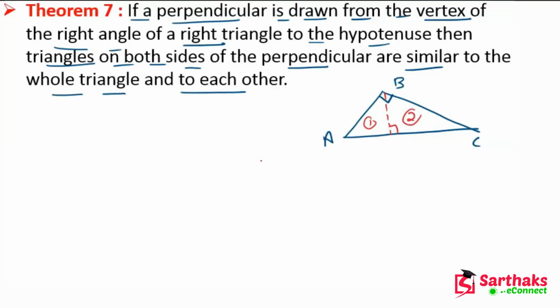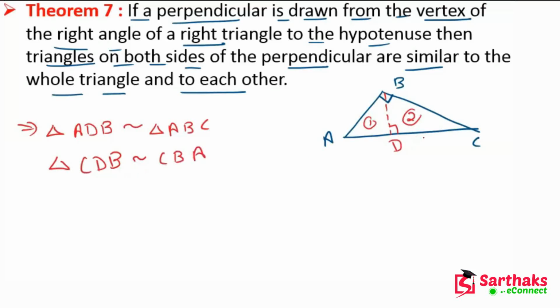This is our point D. So now from this theorem we can say that triangle ADB is similar to triangle ABC, and triangle CDB is similar to triangle CBA. I hope you understand these things.